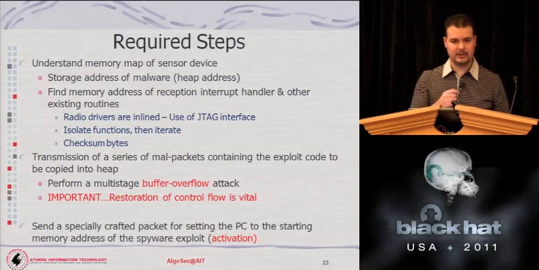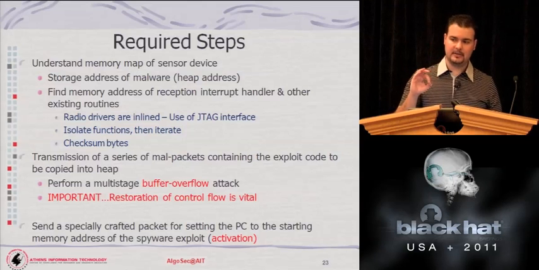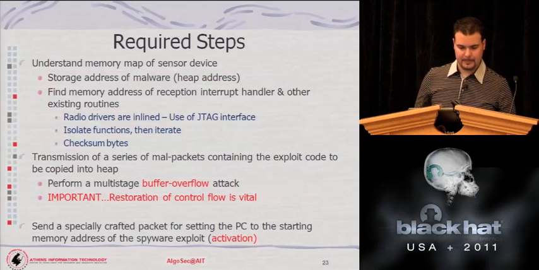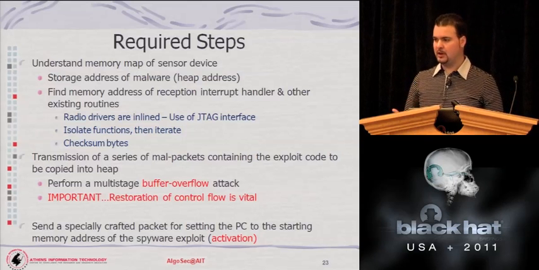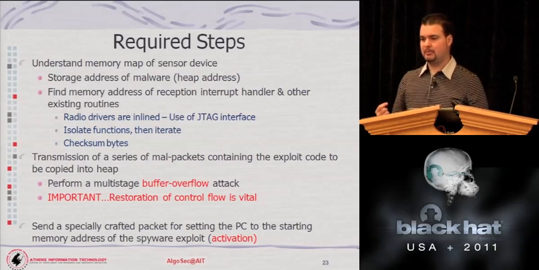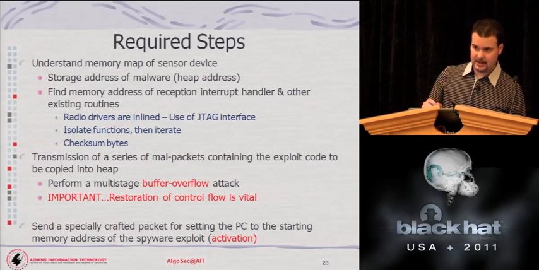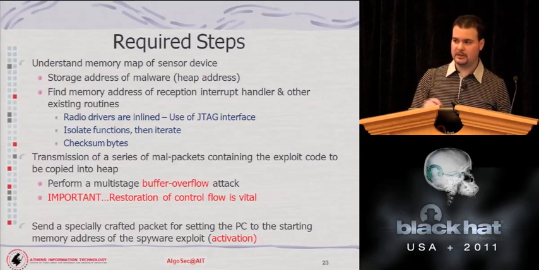So by using JTAG interfaces, checksum bytes, you can extract these memory addresses. Actually, what we have done is we have used a JTAG interface, and it's pretty easy for specific program images to extract these memory addresses. And as we said, once extracted, these addresses will be the same for the entire sensor network.